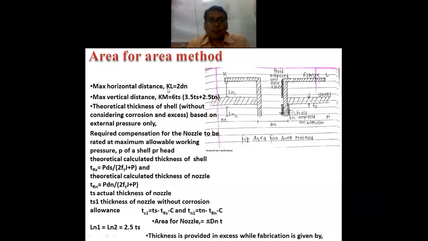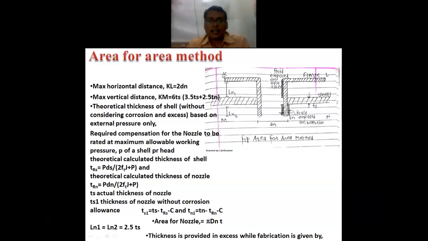So the maximum horizontal distance KL is equal to 2 times DN. This KL is 2 times the diameter of the nozzle, DN. Then this is the safe compensation limit.